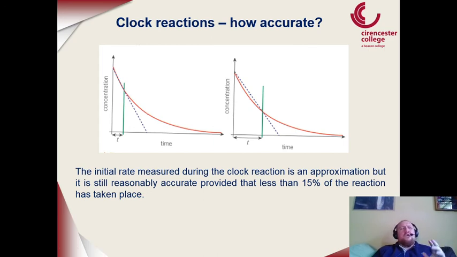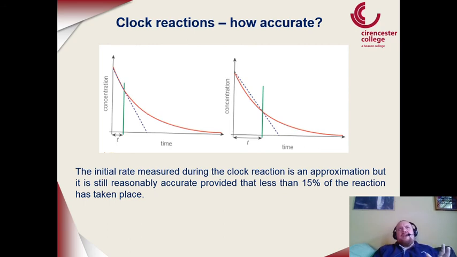So what we normally find is, if we're doing one of these types of reactions, we are given a correction value. It will tell you what you need to times it by to ensure that you have the initial rate, and that will have been worked out in the past by lots and lots of experiments. But it's well worth knowing that it's not the be all and end all.